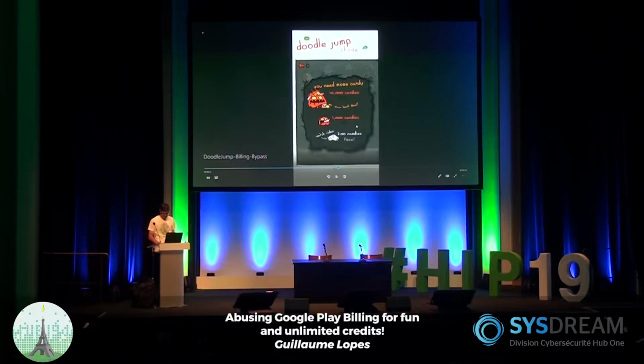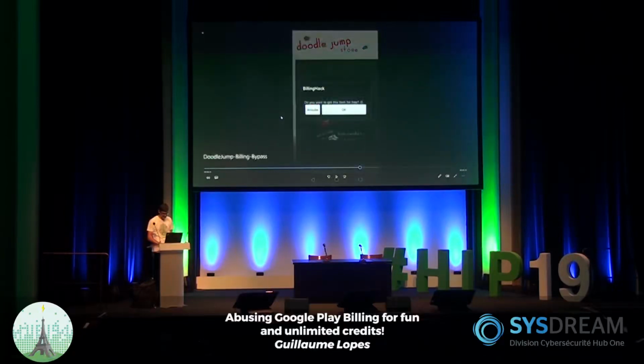And you'll see a pop-up, but it will not be the Google Play pop-up, it's the billing hack pop-up asking if I want to buy this item. The pop-up is just for demo purposes. Okay, so you see the pop-up. Do you want to get this item for free? For sure, I'm here for that.